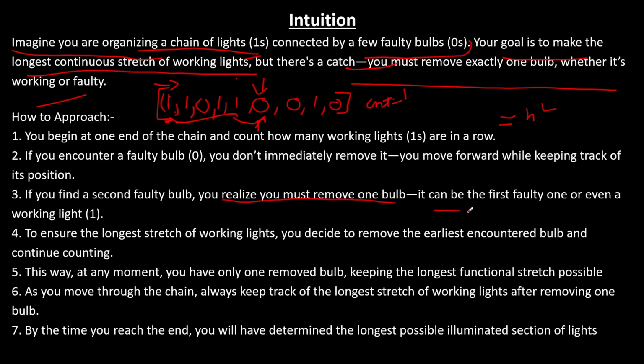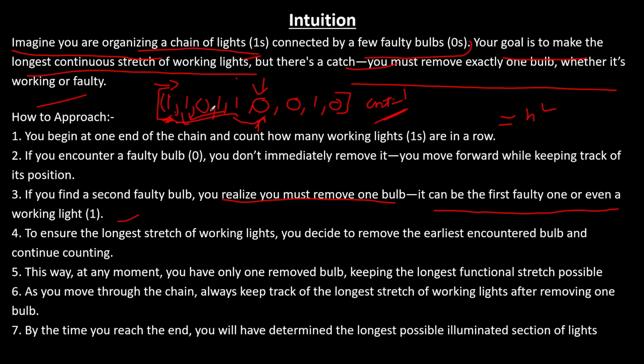It can be the first faulty bulb or even a working light, right? So we remove this working light and again check the count. It is smaller, no use, because till now the count is 1, which means we have already removed one 0, right? Then we moved ahead again.